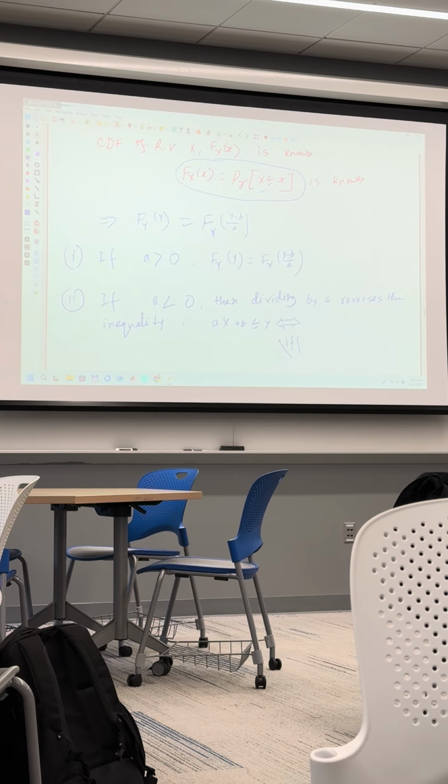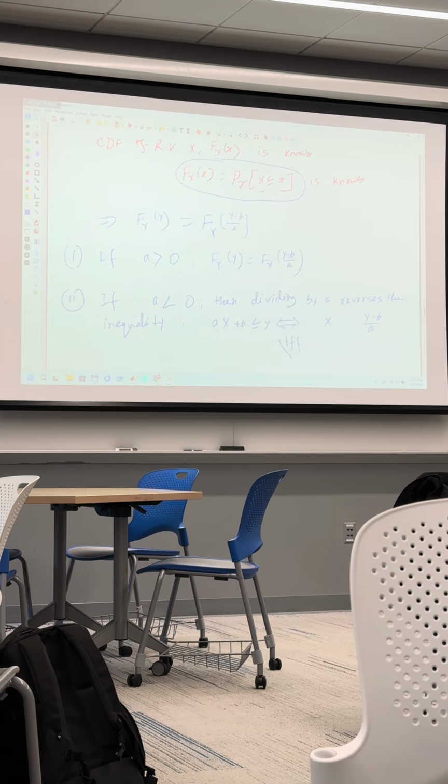Now, I said that this a is strictly less than 0. Because a is strictly less than 0, what will be the inequality, guys? x, y minus b over a. Less than or equals or greater than or equals? Okay, I said that a is less than 0.